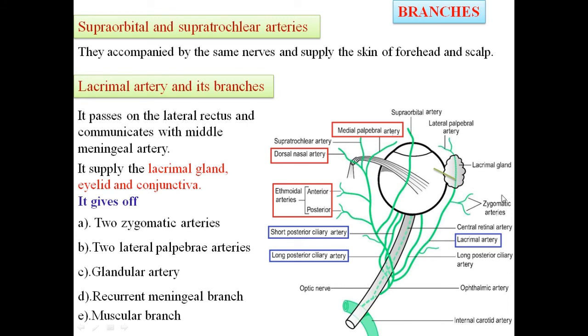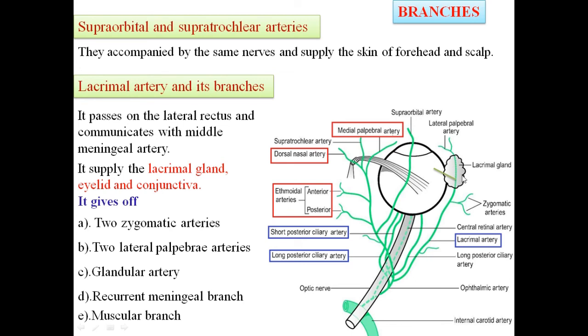It gives several branches. You can see the small branches there. Two zygomatic branches supply the zygomatico-facial and zygomatico-temporal area, and two lateral palpebral arteries supply the eyelid.